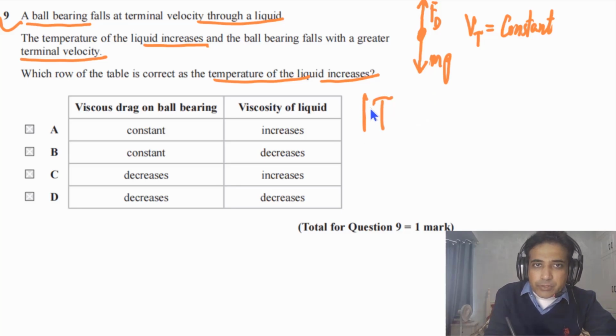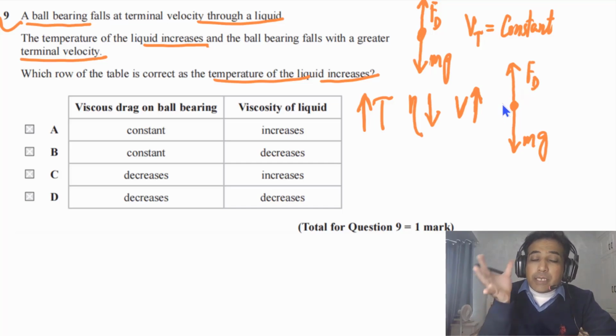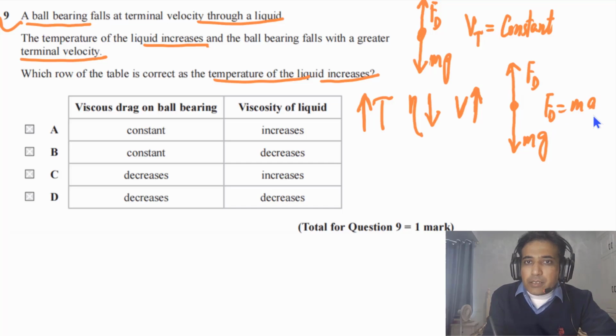Then the temperature of the liquid increases. As the temperature of the liquid increases, the viscosity of the liquid will go down and the terminal velocity of the ball bearing increases, but it is again moving at constant velocity. So we can redraw. Here is mg and here we have the drag force Ft. It is falling again at constant velocity. It also means that these two forces are again equal.